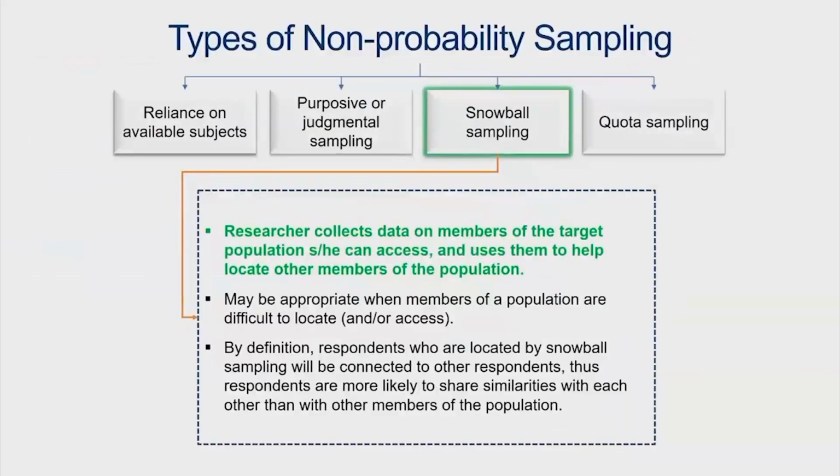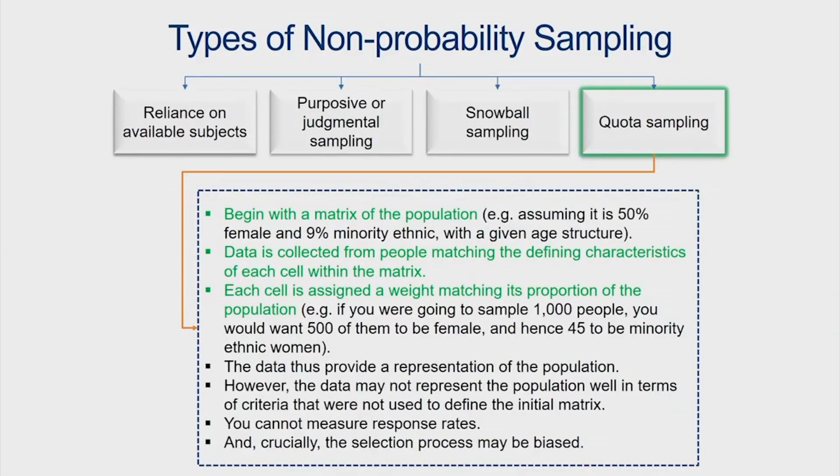Lastly, quota sampling. This is another form of non-probability sample, where you begin with a matrix of the population. Let us say you are assuming it is 50% female and 9% minority ethnic with a given age structure. Data is collected from people matching defining characteristics of each cell within a matrix, and each cell is assigned a weight matching its proportion of the population.